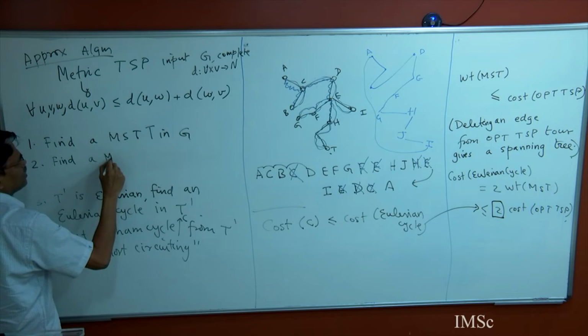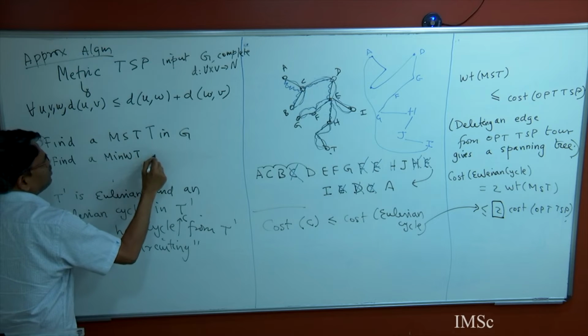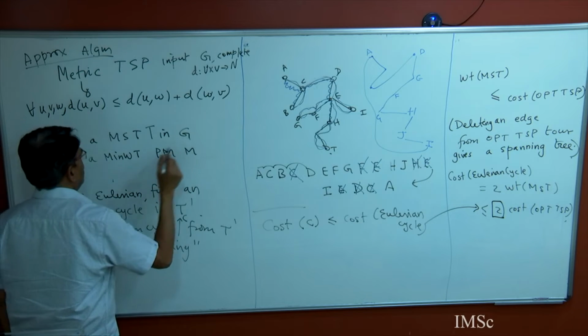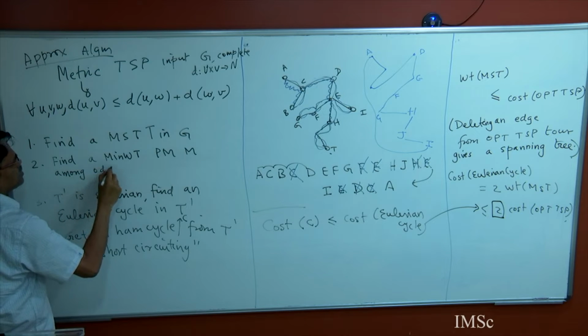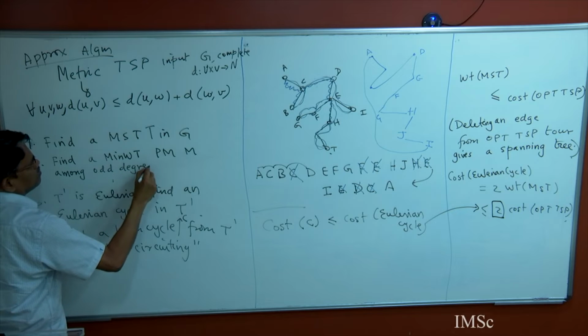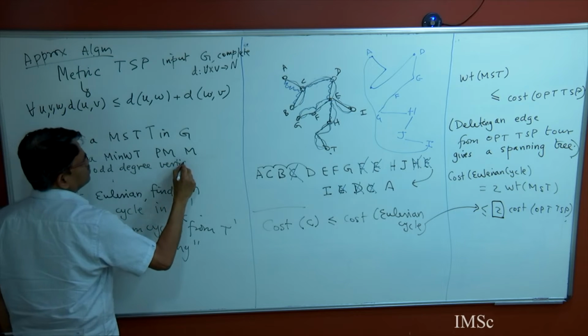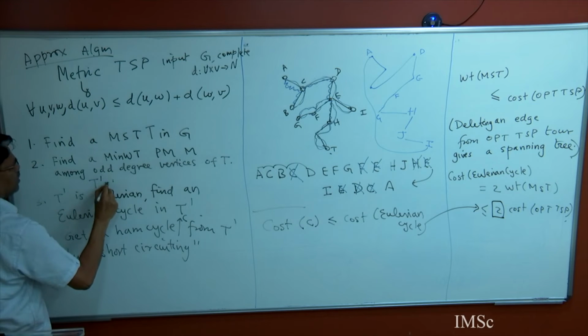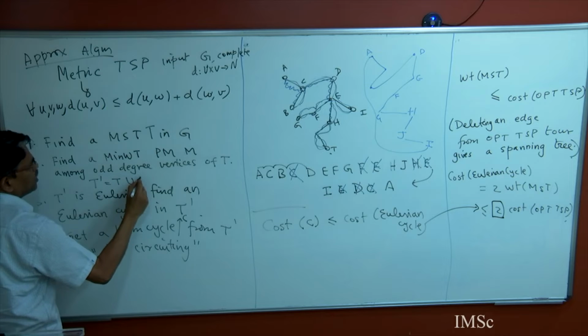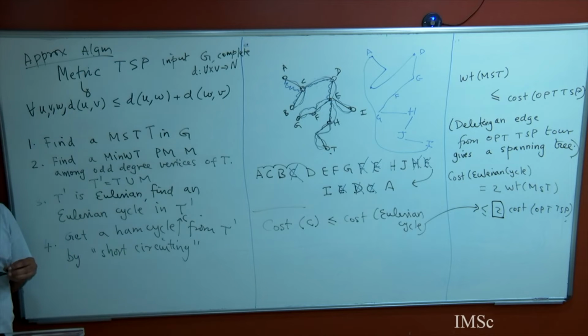Find the minimum weight perfect matching M among odd degree vertices of T. And my T prime is T union M. Why would there be an even number of vertices in T?